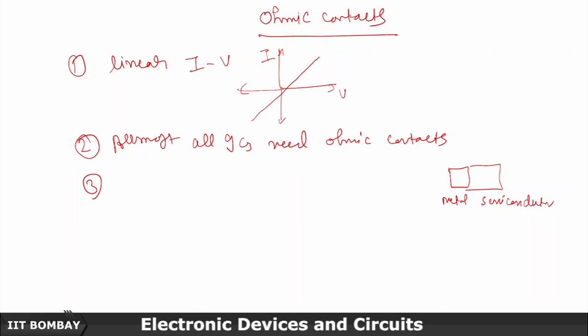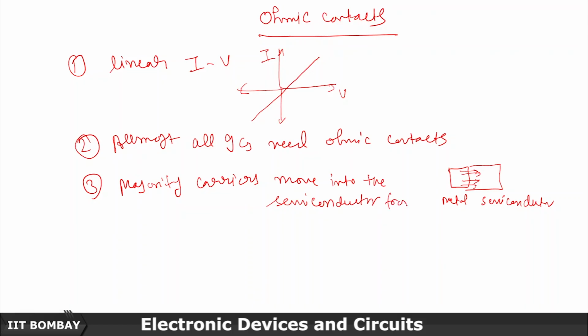As a rule of thumb, when the majority charge carriers move into the semiconductor from the metal, it would be a sort of ohmic contact. Of course, we are going to talk about that in detail: what are the right conditions, what are the properties of the metal and of the semiconductor under which it will behave like an ohmic contact.